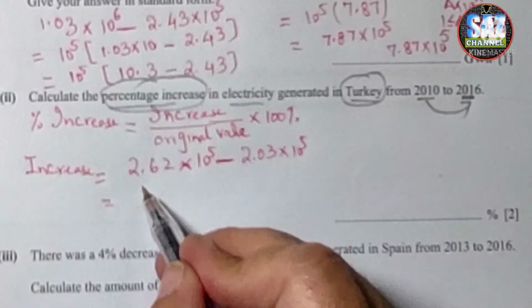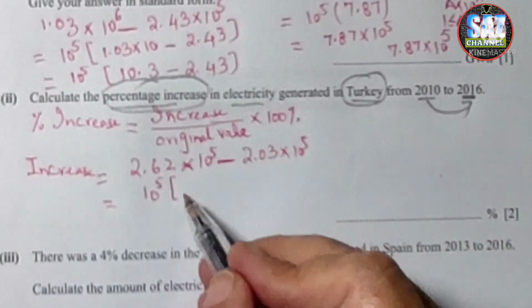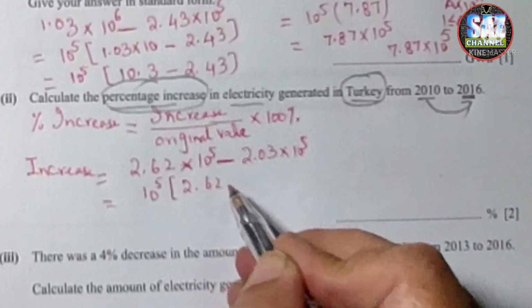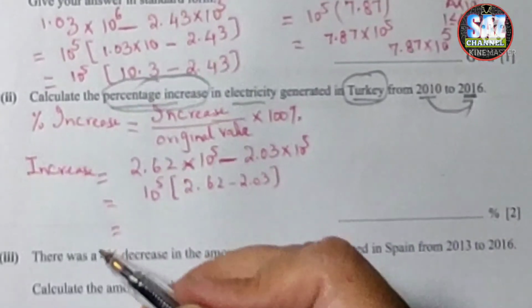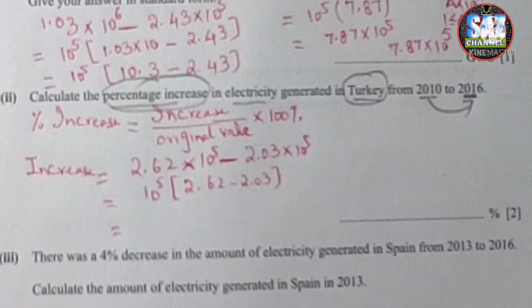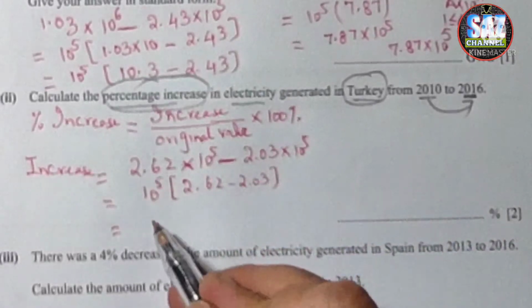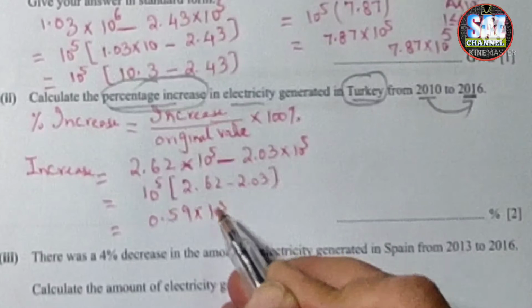I can pull out 10 raised to power 5 as a common factor, and 2.62 minus 2.03, and the increase is 0.59 multiplied by 10 raised to power 5.